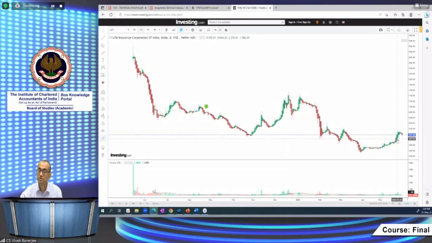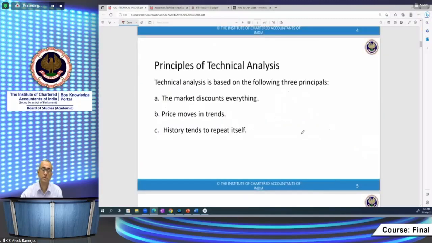So this information that LIC's profit has increased fivefold was disclosed on the 24th, but the activities started from 22nd May itself, because some people knew that the company's share prices would increase. So it shows that the market discounts every information, public information or private information also.